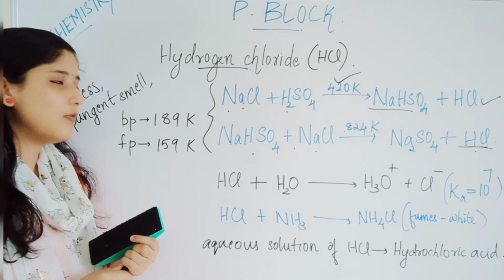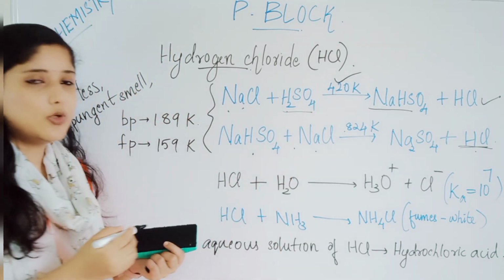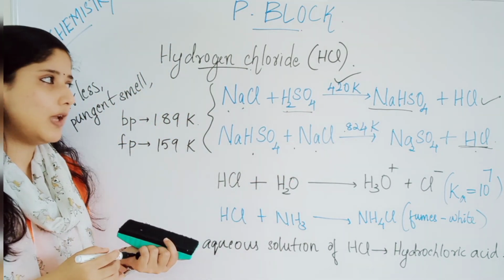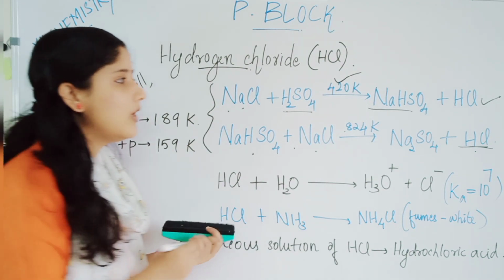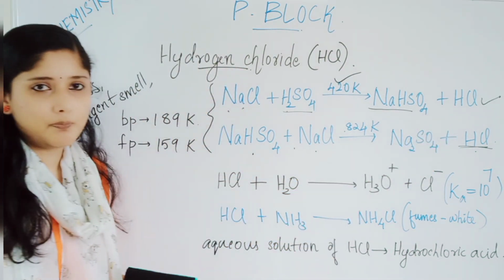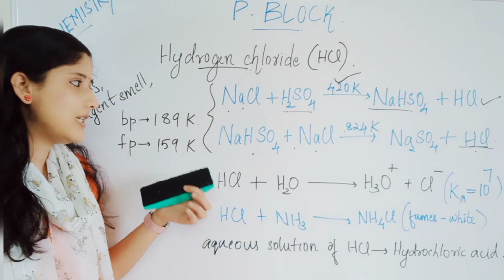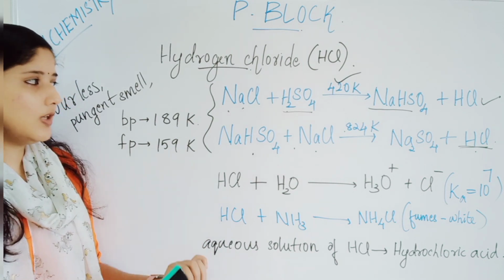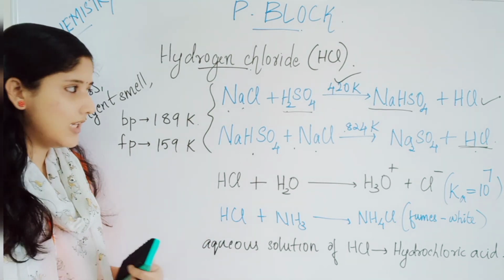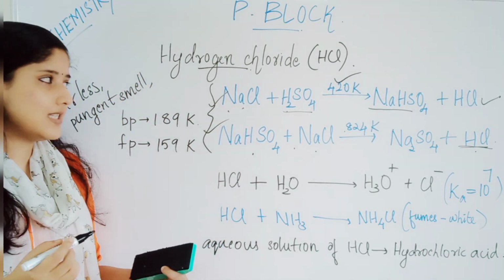NaCl is heated at 420 Kelvin in the presence of H2SO4 to give sodium bisulfate and HCl. Already you got HCl. Again, we can heat this sodium bisulfate with sodium chloride salt at 824 Kelvin to obtain HCl.